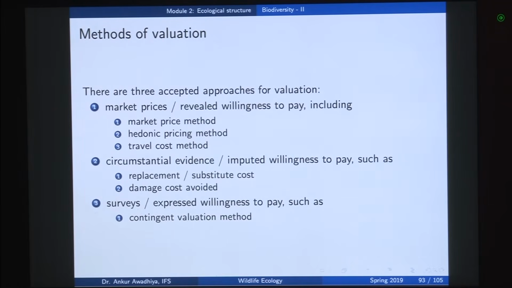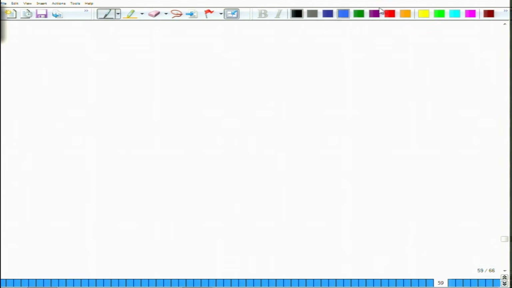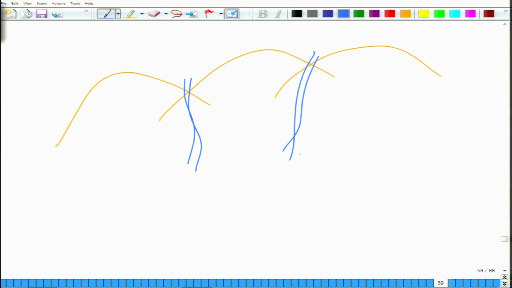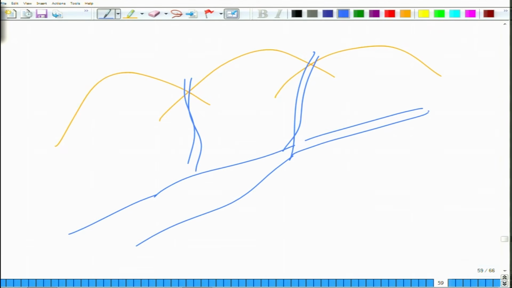Now, another method of valuation goes by the name of the circumstantial evidence or the imputed willingness to pay, such as the replacement method or the damage cost avoided method. And a good example is, say, in the case of Punjab, you have some hills, and these hills have some rivulets that are flowing through them, and these rivulets then become part of the larger river.